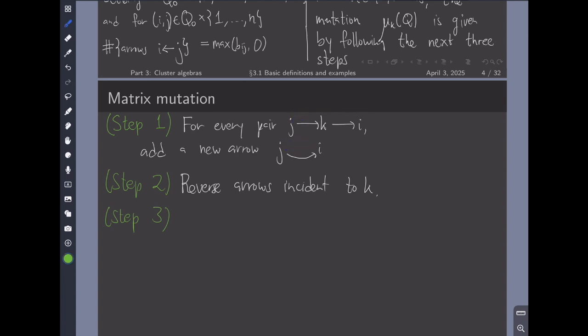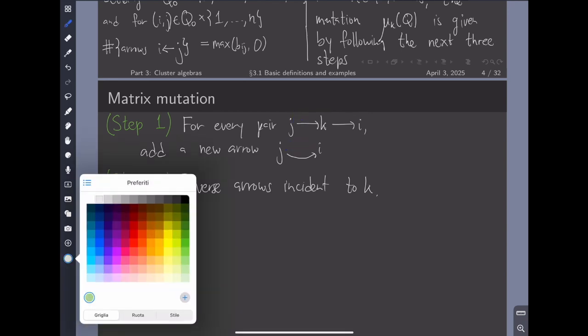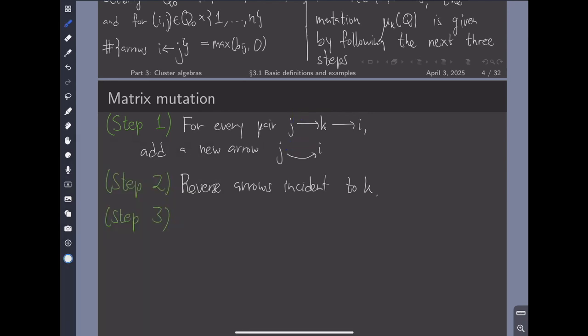So in step 3, I erase 2 cycles, and then let's say I'm going to say 1 by 1. So delete the arrows in oriented 2 cycles, 1 by 1. And I say 1 by 1 just in order not to do this. So suppose I have a configuration like this, and then you tell me delete the 2 cycles, then someone can say, okay, erase everything.